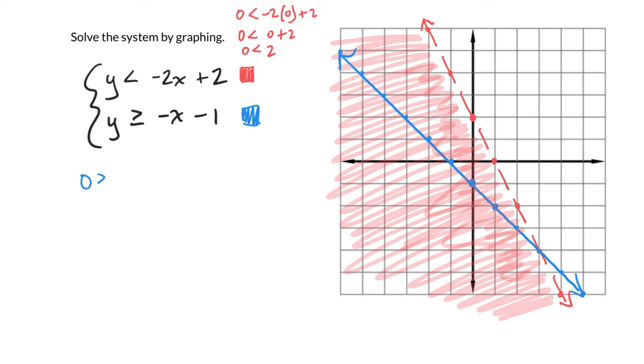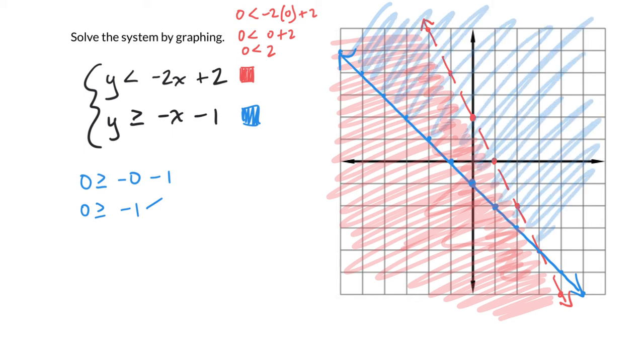So this is going to be just negative 1. So 0, is that greater than or equal to negative 1? That's true. So that means that we're going to shade the side where 0, 0 is. That's up in here. So there's all of our blue.